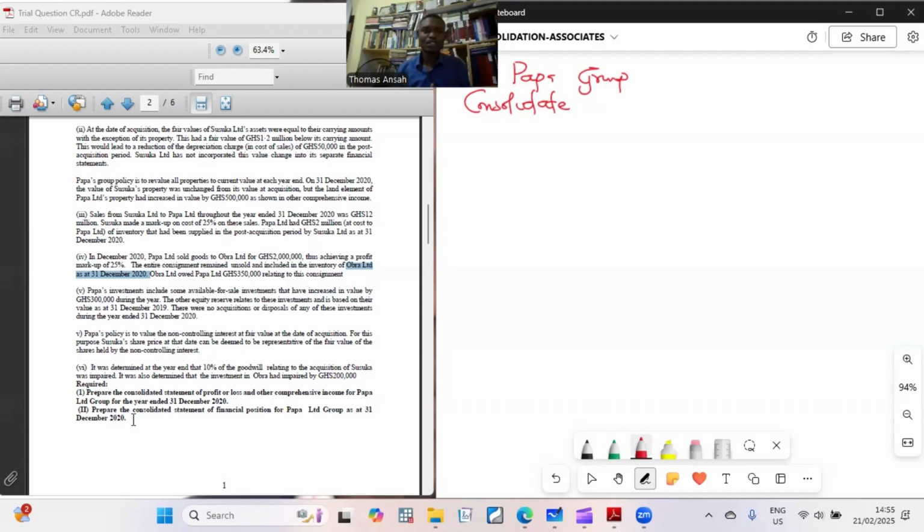When you sell to an associate, the only portion that is eliminated is the portion that you own, the 40%. So if you made a profit, you have to deal with it. That is why we take away, because it's like you selling to your son kind of thing. In that case, you don't need to consolidate those portions. So basically, that is that.